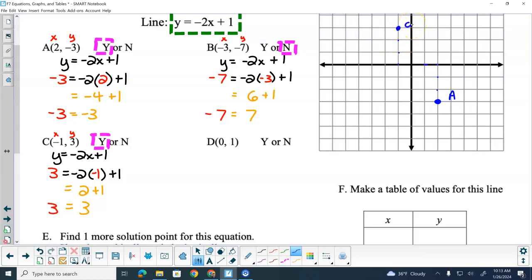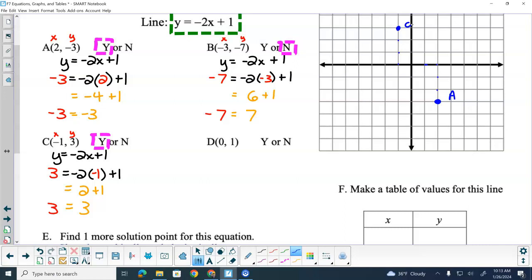Now, we learned yesterday that how many points does it take to make a line? 2. So we could draw in our line right now. This is where having that ID, a ruler, or something straight like the edge of your folder comes in, because we want to draw in straight lines now.